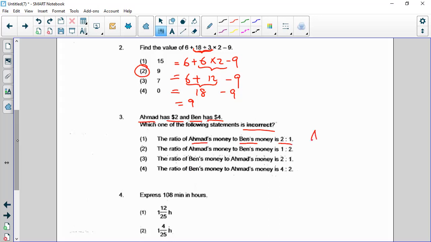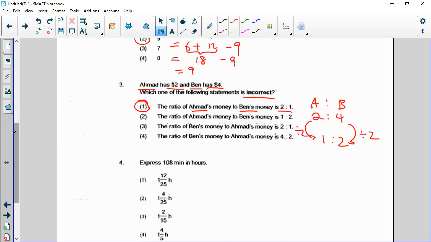I'll write down Ahmad to Ben, 2:4. How do you get the simplest form? You divide by 2 and divide by 2, you get 1:2. So Ahmad to Ben is 2:1, that's not true, right? So the answer is number 1. Once you get the answer, you don't have to look at the others. So answer number 1.